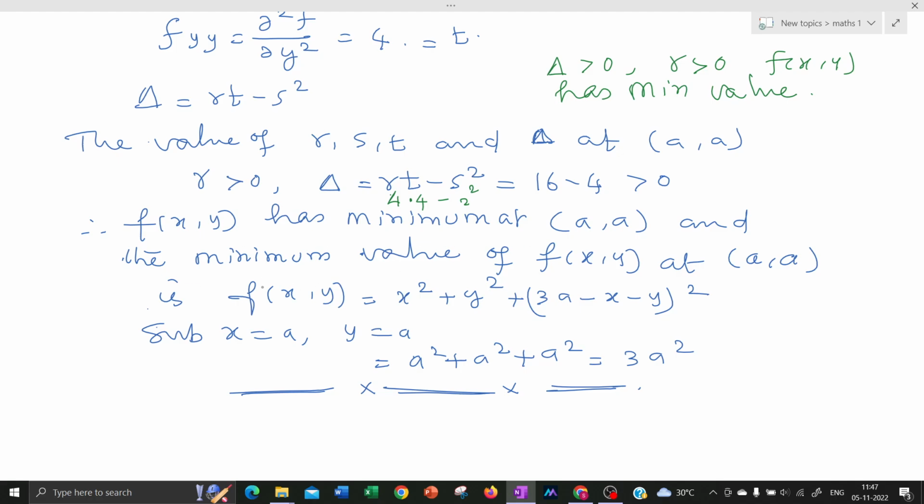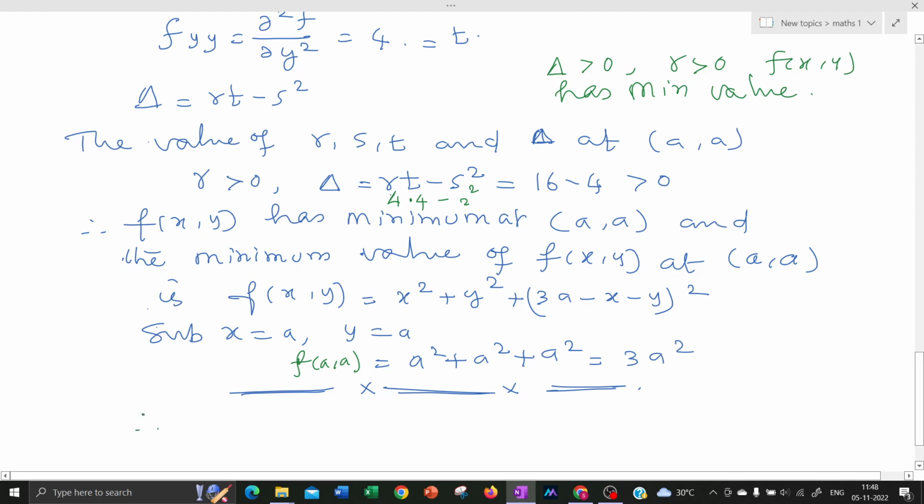So what is the minimum value here? What is f of x comma y given? F of x comma y given is x square plus y square plus (3a minus x minus y) whole square. Substituting x equal to a and y equal to a, we will get that f of a comma a is a square plus a square plus a square, that is 3a square.